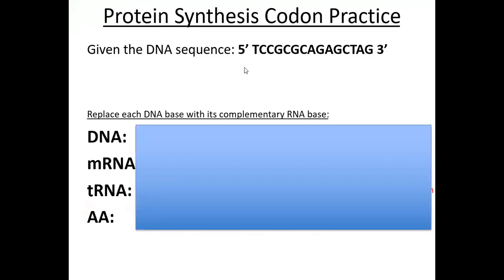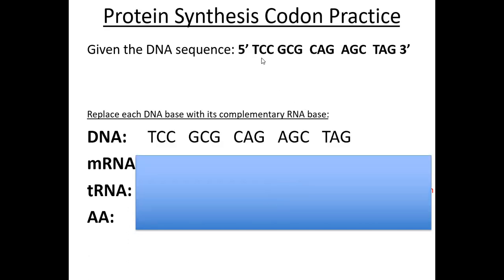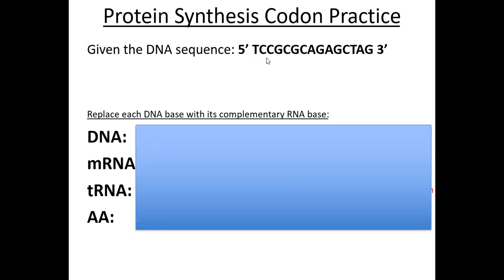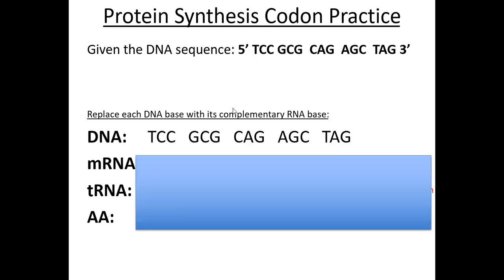Really quickly though, what I want you guys to try and do is just kind of a practice point here. I want you to try and fully translate this on your own. I'll just split it up there for you into 3 bases.